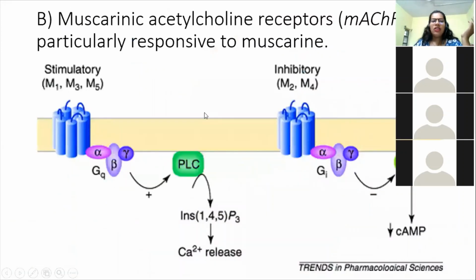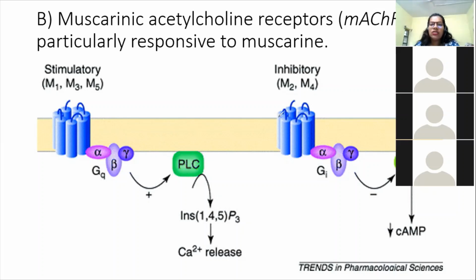Okay, so that was all about the acetylcholine receptor. Now about the muscarinic acetylcholine receptors. As I mentioned already, you have got the excitatory and the inhibitory.